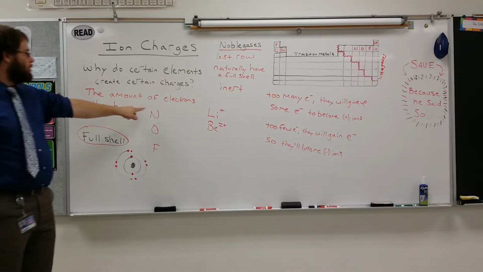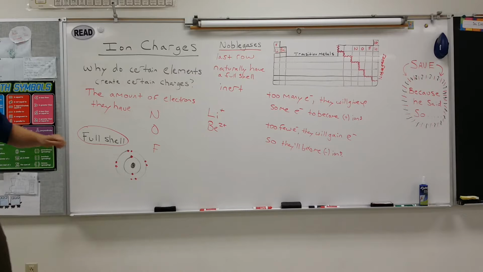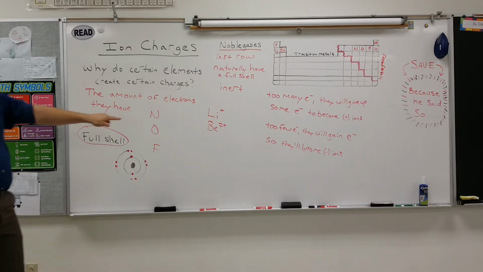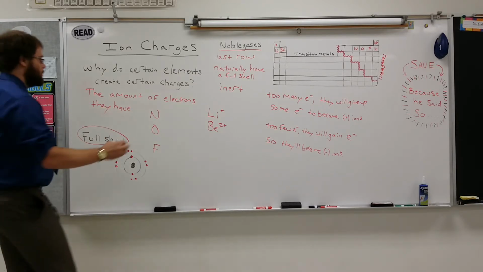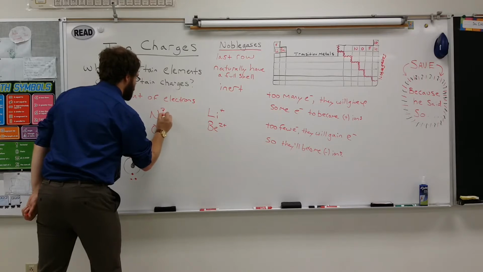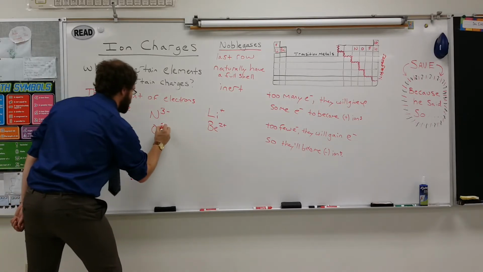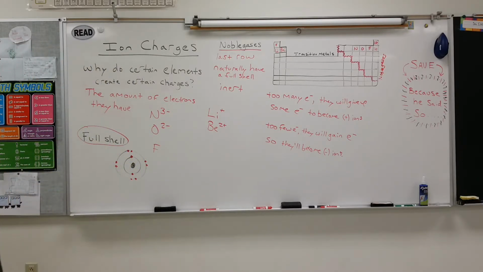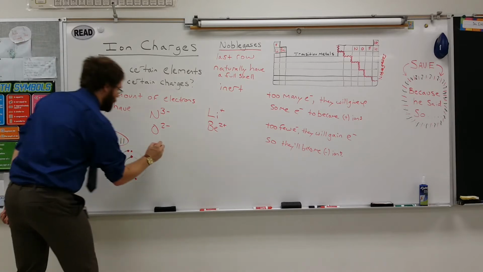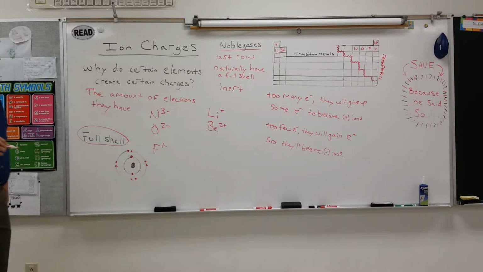So what they're going to do is gain electrons and become negative ions. For instance, nitrogen is 3 short, so it's going to gain 3 electrons and become nitrogen 3 minus. Oxygen is 2 short, it'll become oxygen 2 minus. And then fluorine is 1 short, so it'll gain 1 electron and become a negative ion.